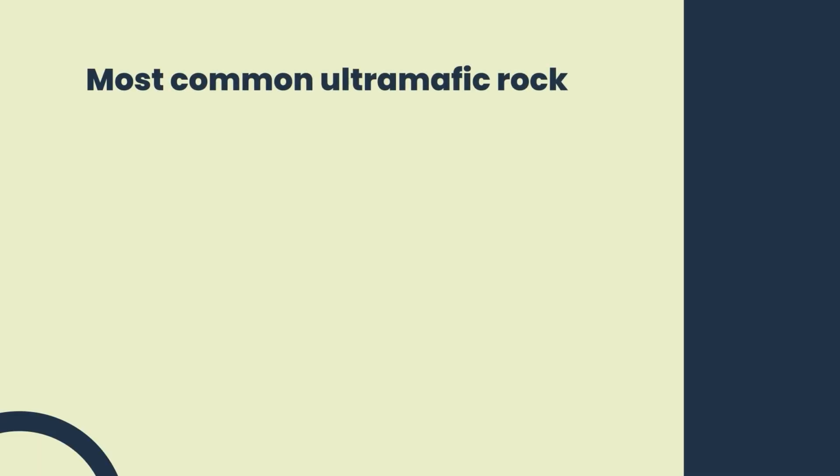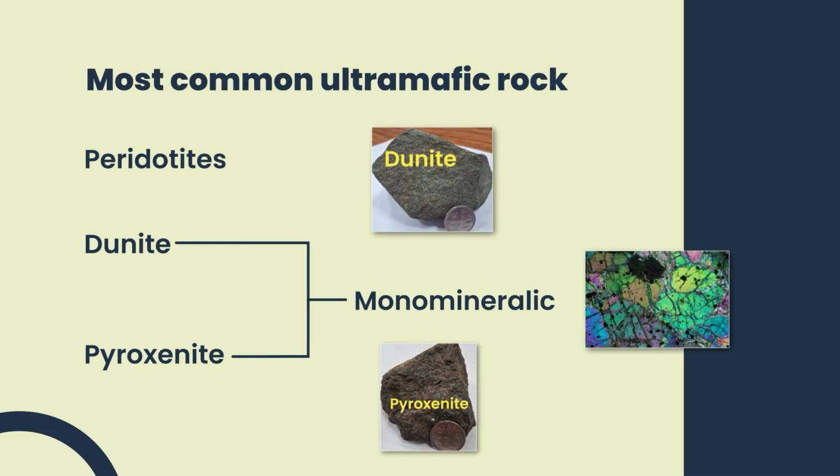The most common ultramafic rocks are peridotites, dunite, pyroxenite. Dunite and pyroxenite are monomineralic rocks.